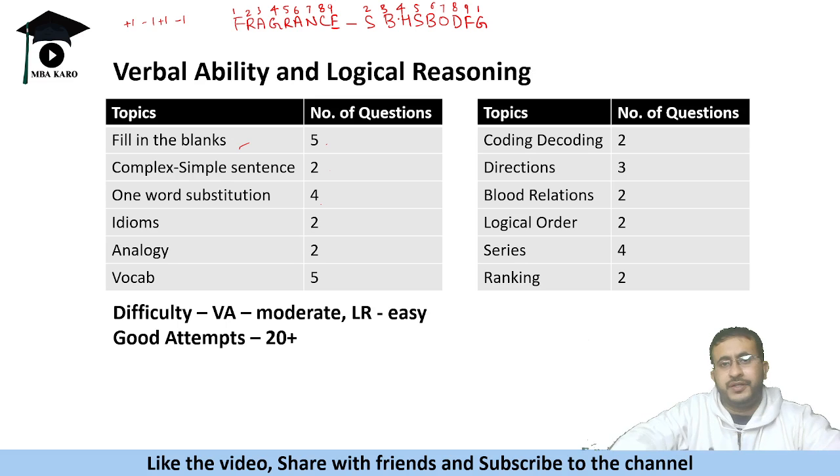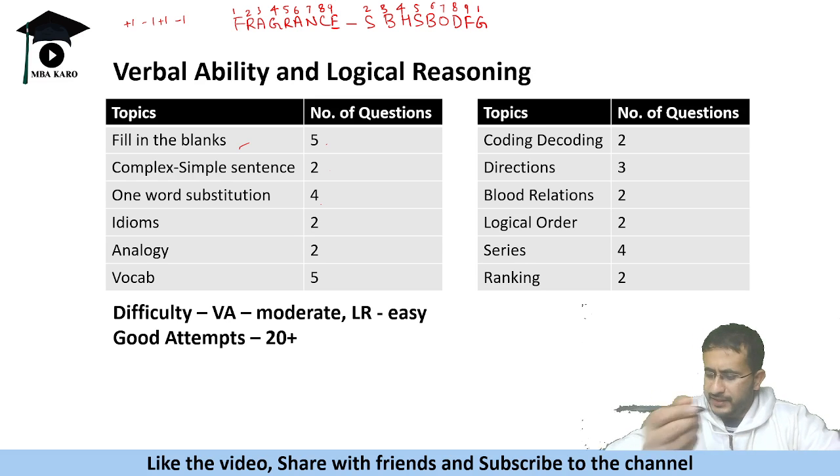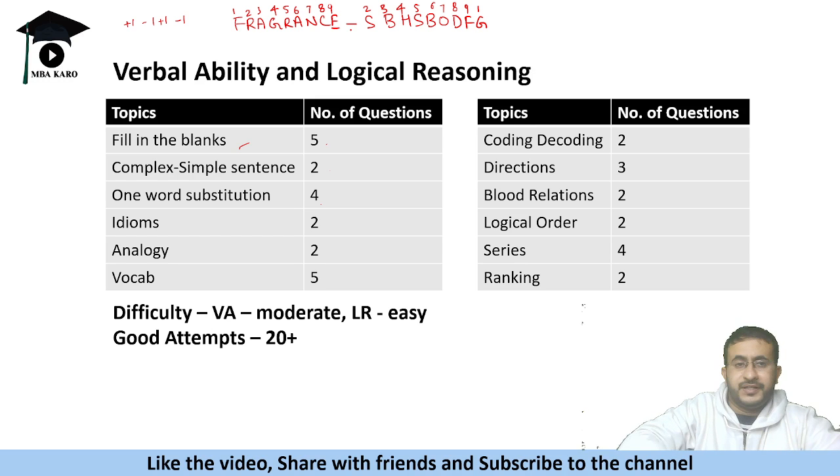So that was the order, and then accordingly a word was given. So it was shifting by one and ordering in this manner. It was not difficult, it was just that you had to be careful in finding the order.